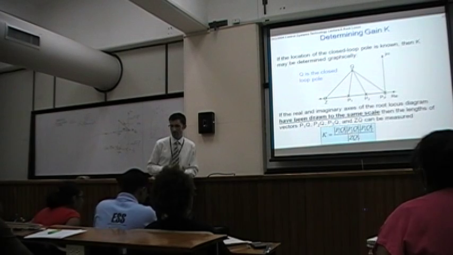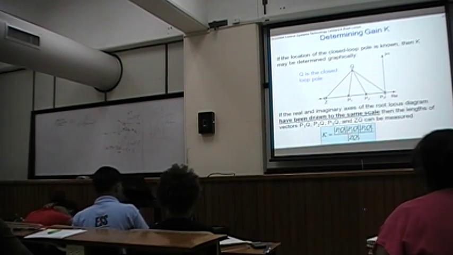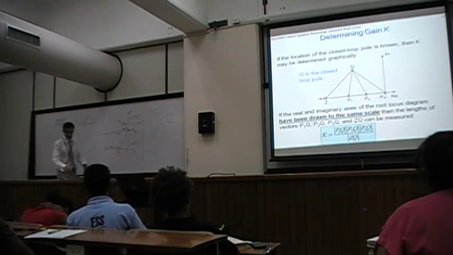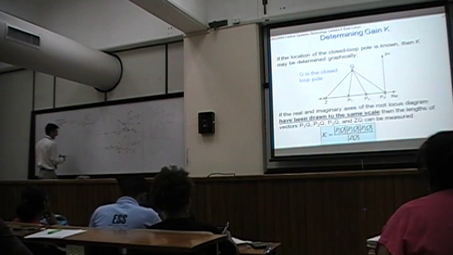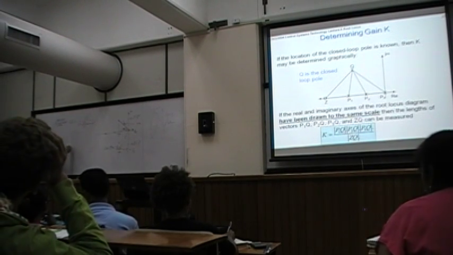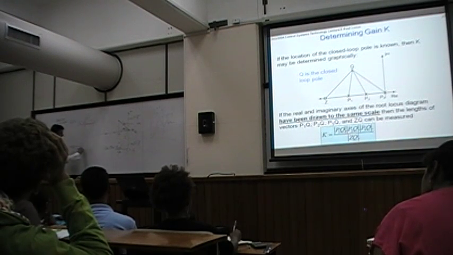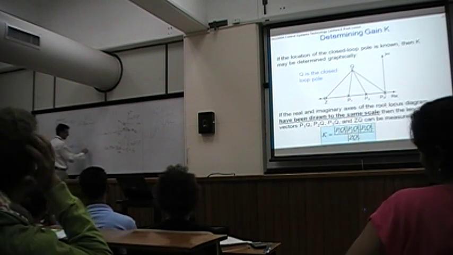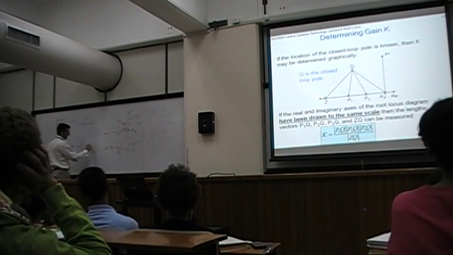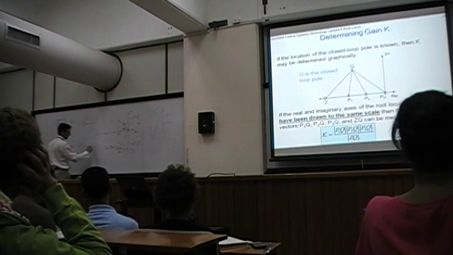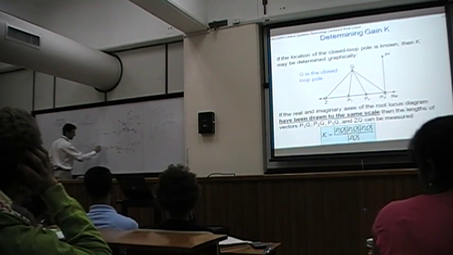The other thing that can happen is that you sometimes get a transfer function like this. Let's say a closed loop system looks like this, where you control the k, and then you've got a transfer function that might have 15 over s squared plus 3s plus 2.